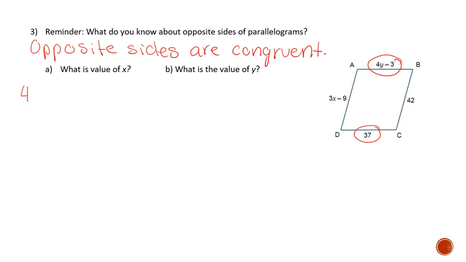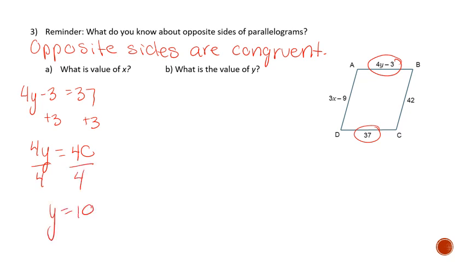So I have 4y minus 3 equals 37. Add 3 to both sides. 4y equals 40. When you divide by 4, we have that y equals 10.